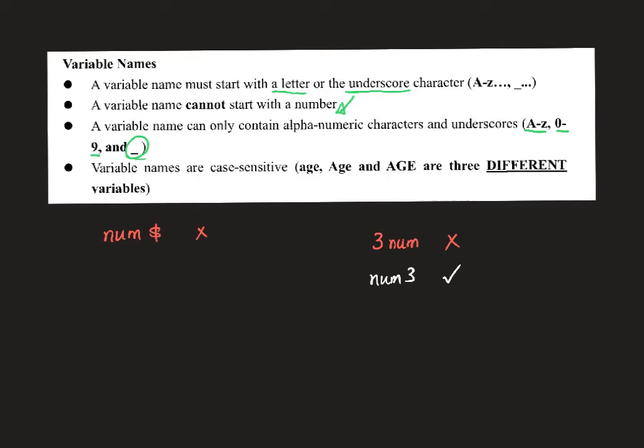And finally, pay attention to the last point. The last point is variable names are case sensitive. Therefore, age and Age are different because in the second one, the A is a capital A. These two variables are different.